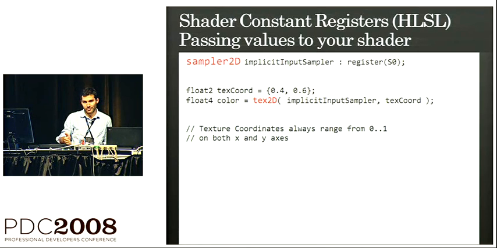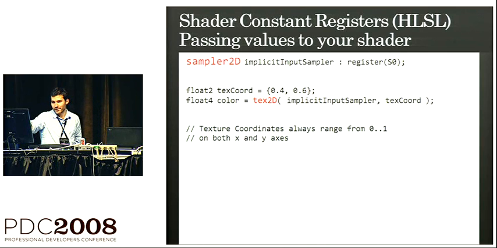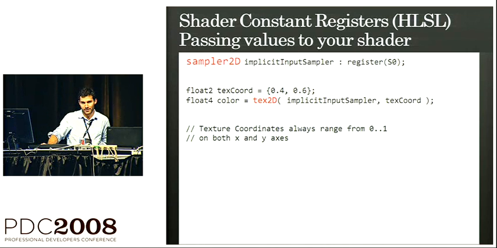Again, in texture coordinates, you're going from 0 to 1, and that's pretty standard. I'm assuming everybody knows that. You can read from the sampler with this tex2D keyword. So you're basically reading from the implicit input sampler at coordinate texture coordinate, and then the result of that is a color, which is this float 4. Pretty standard, and it's a float 4 again because it's got RGB and alpha. It's not just RGB.